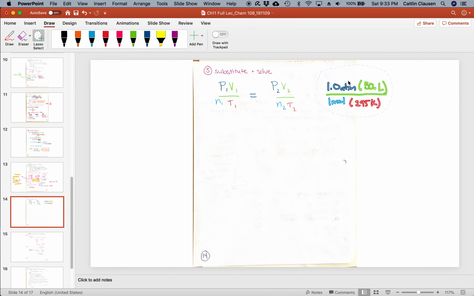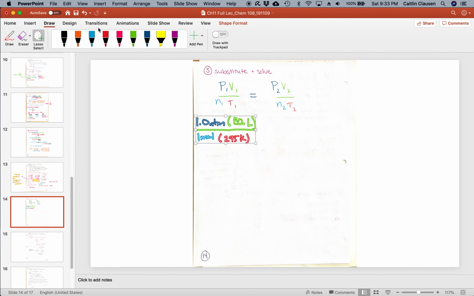I'll move this down here so it's all lined up with the initial on the equation. And all of that is equal to the final pressure, which is 0.050 atm. We're solving for the volume. The moles stayed the same. There was no indication that they changed. The temperature, however, dropped to 223 Kelvin.